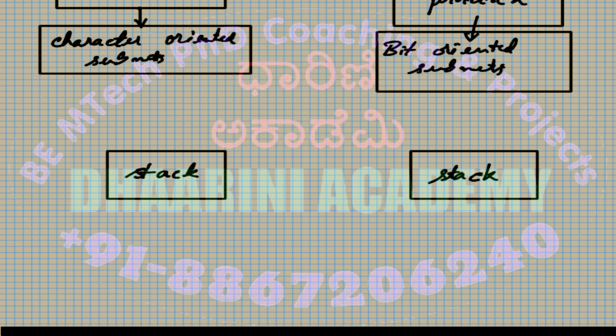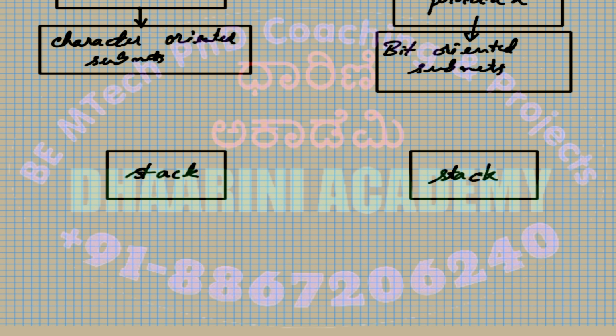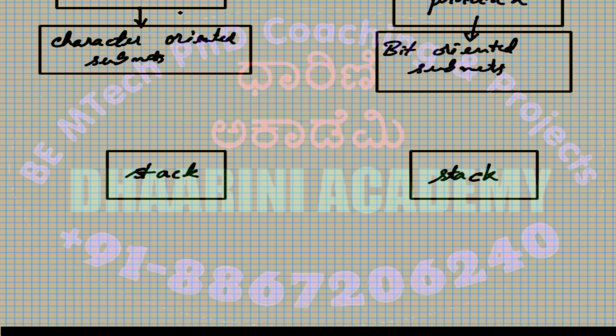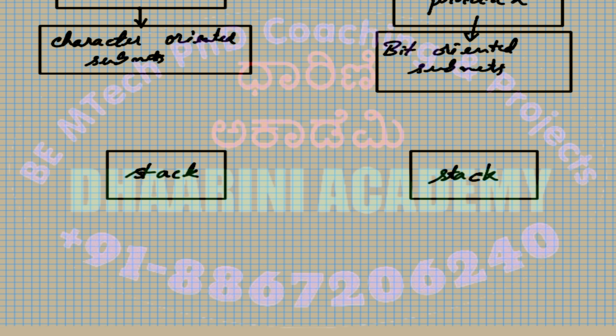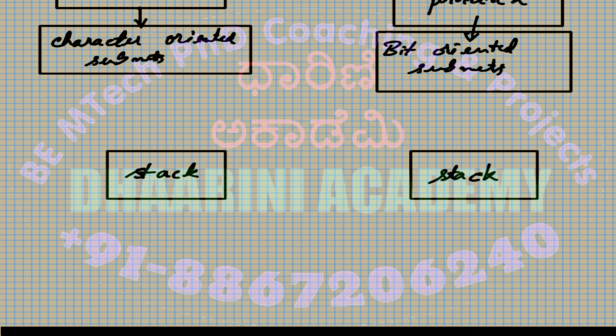Right. Then followed by you have to use a gateway, right? Because the data which come faster will be saved in the stack, right? Later on, it will be brought into the computer, right? Computer's memory for processing, right?